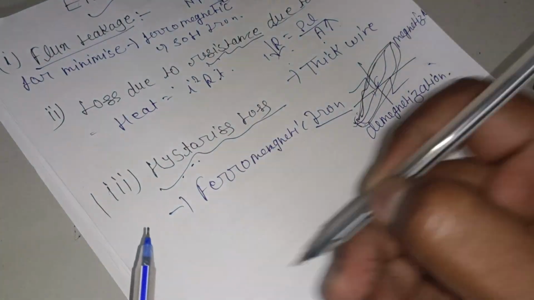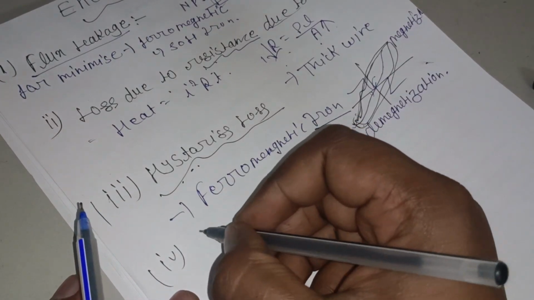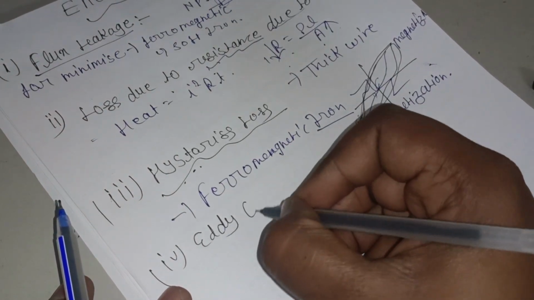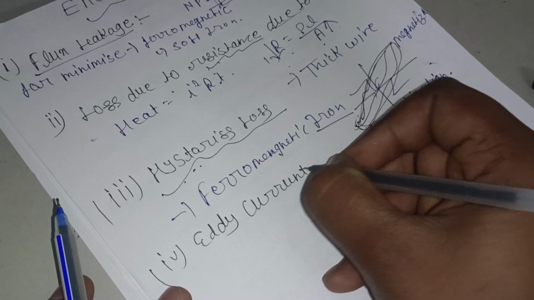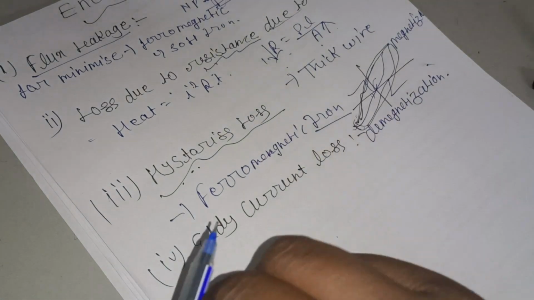Okay, and now the fourth is eddy current loss. A lot of loss happens due to eddy current also, because of heat.